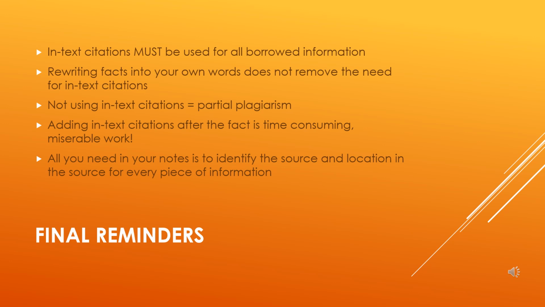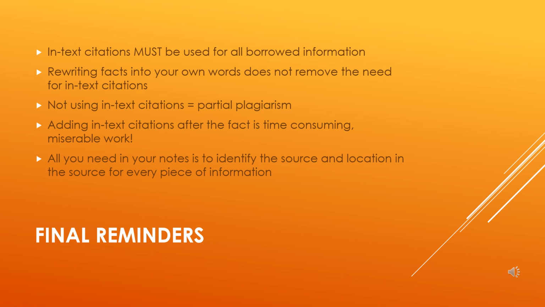Then as you take your notes, just put a number next to each one. This is from source 1, this idea is from source 2. If it's a source with page numbers, make sure that you also include the page number where you found the information.